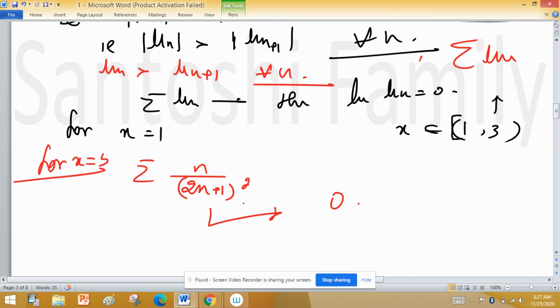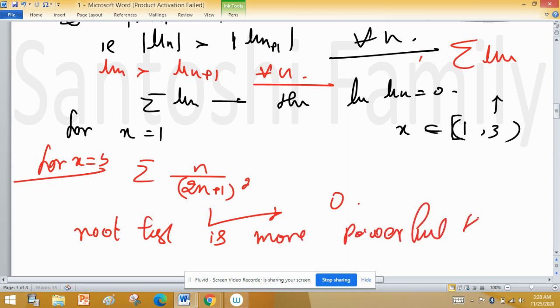When the convergence of some series fails at the ratio test, but the convergence of that series comes from the root test, so the root test is more powerful than the ratio test. So I am going to use this.